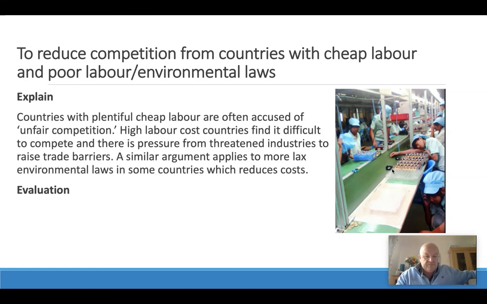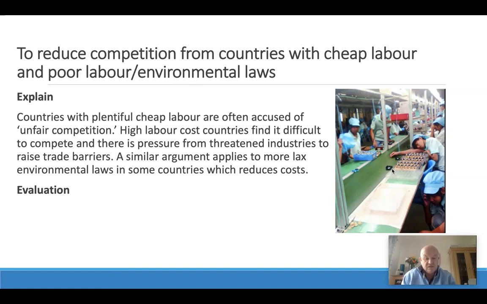So first things first, you could argue and we could explain that countries with high levels of cheap labour are often accused of providing unfair competition. So the high labour cost countries find it difficult to compete, and there's pressure from threatened industries to raise trade barriers. Well, clearly, one could argue that that's a very justifiable argument.